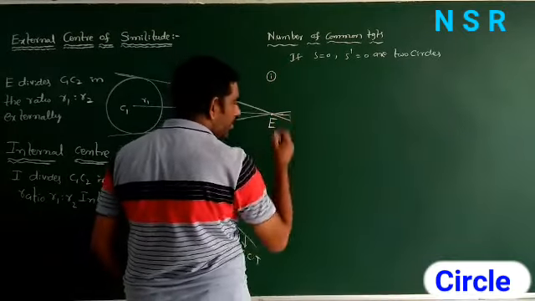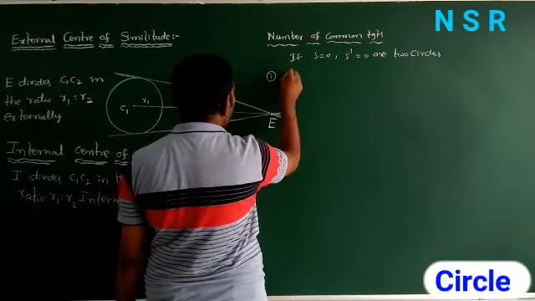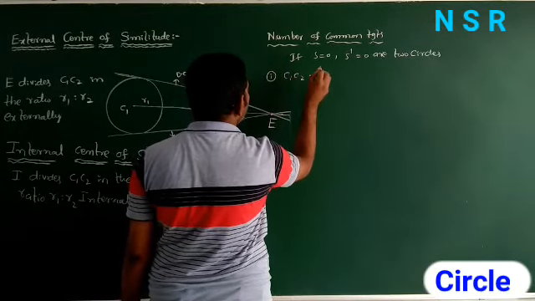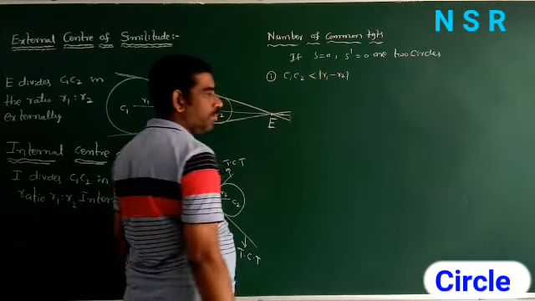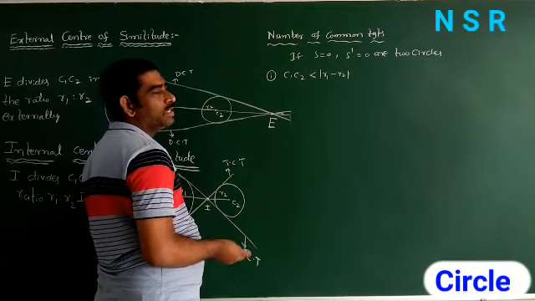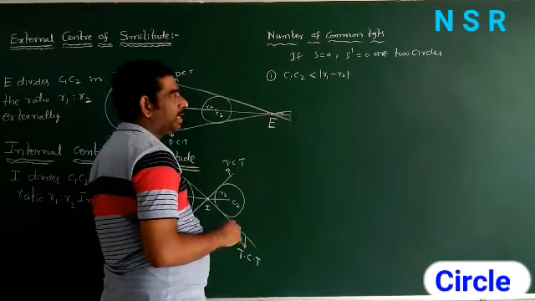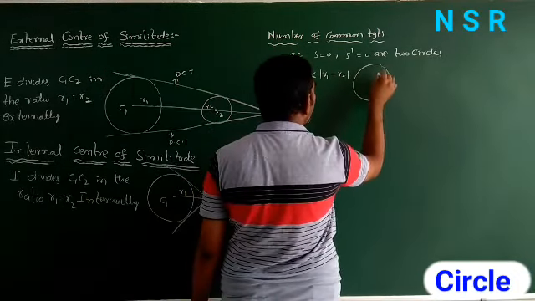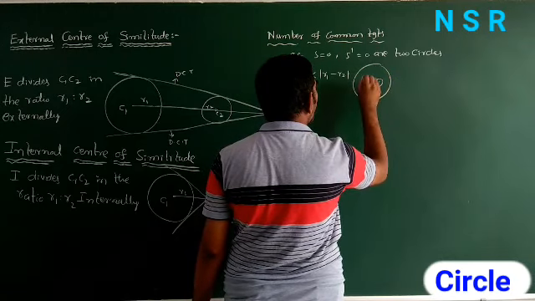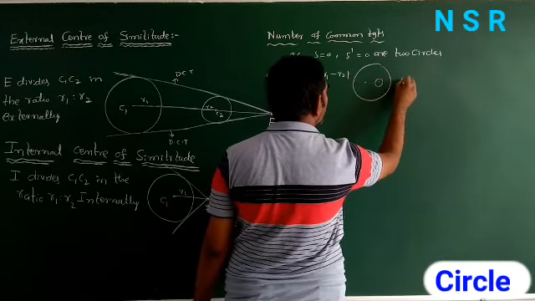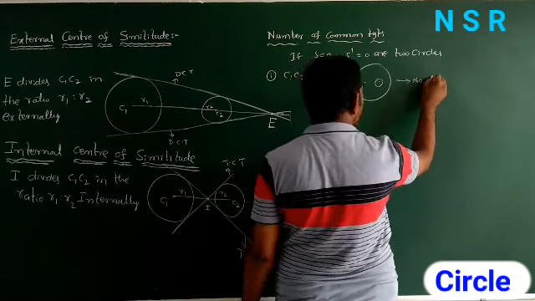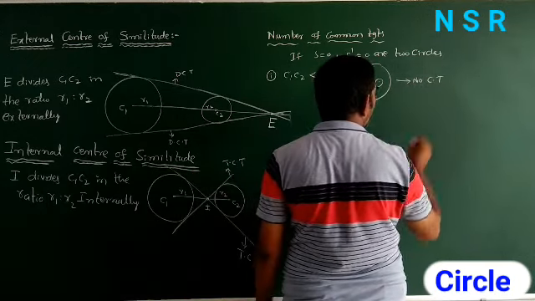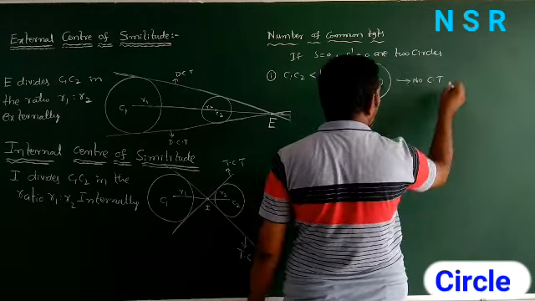We have 5 properties. First one: C1 C2 is less than mod R1 minus R2. This means the two circles cannot touch, one circle is inside the other. This is the diagram. Here we don't have any common tangents, so the number of common tangents is 0.